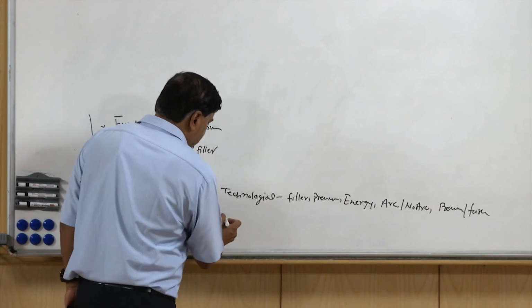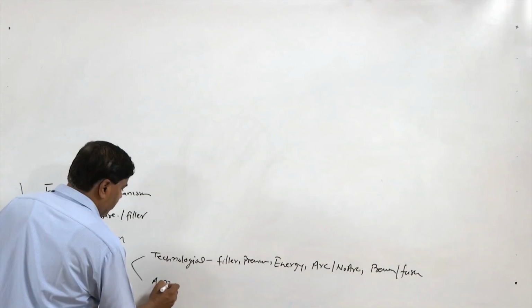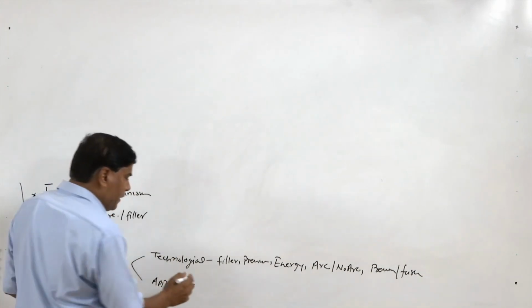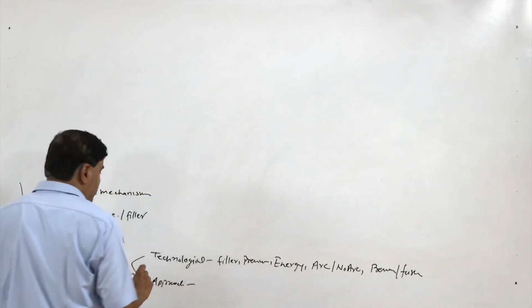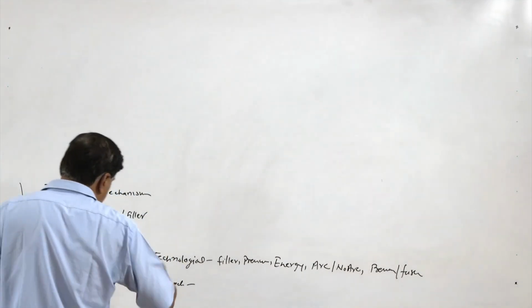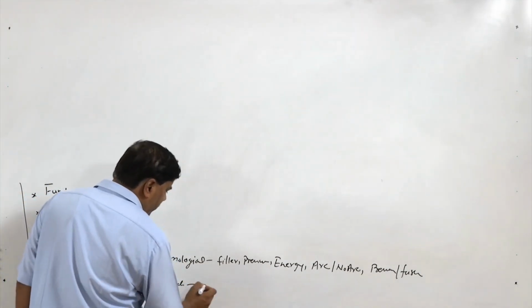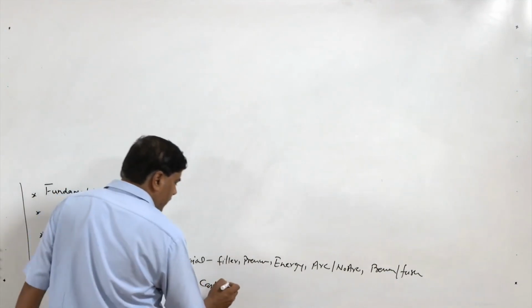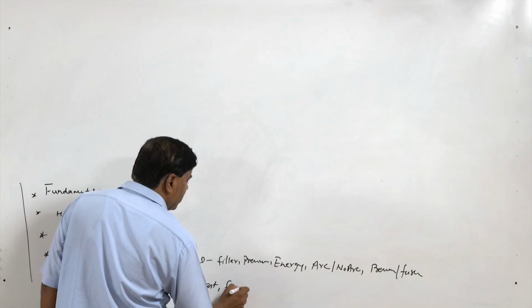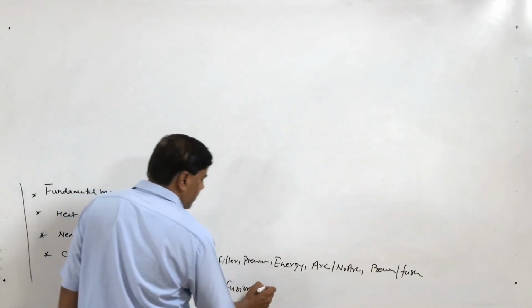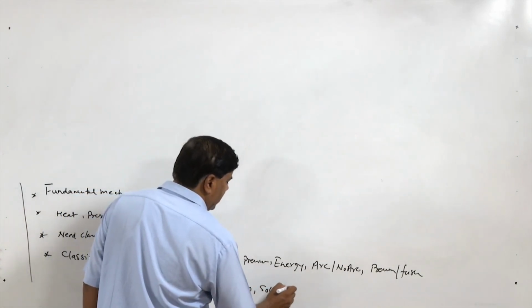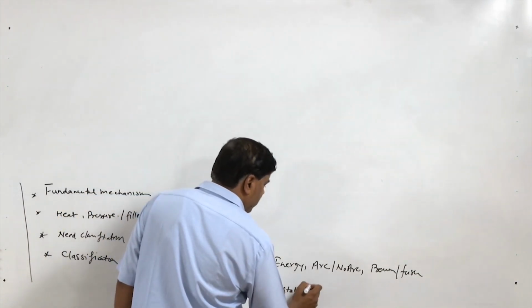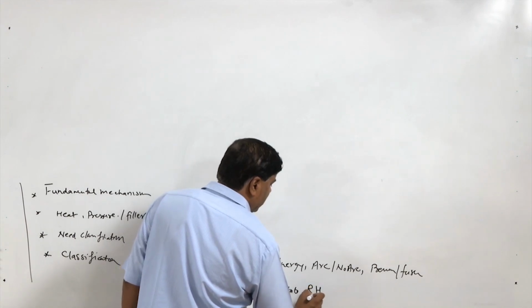Then we will see the approach being used for the joining purpose. Approach means how the joint is made. That basically involves whether it is a cast weld process, or a fusion based process, or a solid state based process, or resistance heating is involved.